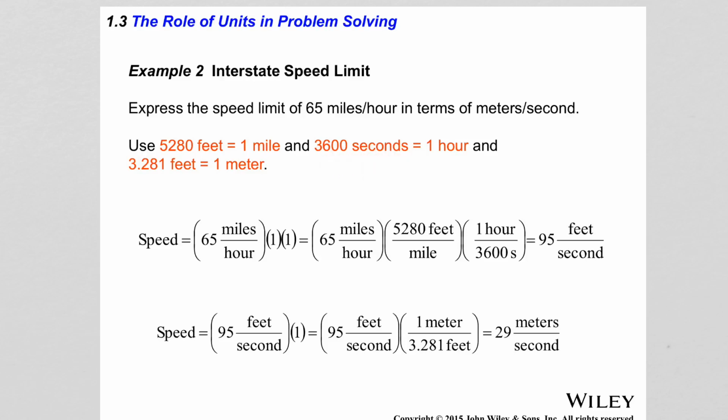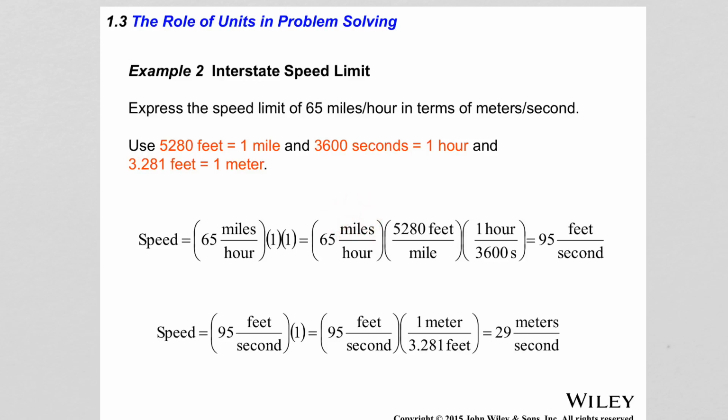And we know that 3.281 feet are equal to 1 meter. All right, so we start with the speed in miles per hour, 65 miles per hour, multiply by 1 two times, and we replace those two ones with the conversion factors from feet to miles and from hours into seconds. All right, so miles are my old unit here in the speed limit.